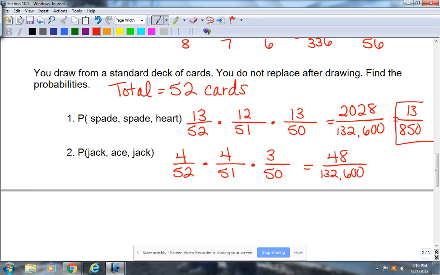It should. It might not. Yeah, it won't do that one. Oh, actually, we can maybe if we divide it a little bit. We know they're divisible by 2, don't we? So divide them both by 2. It's 24 over 66,300. See if that one will math enter in. No. Still won't.